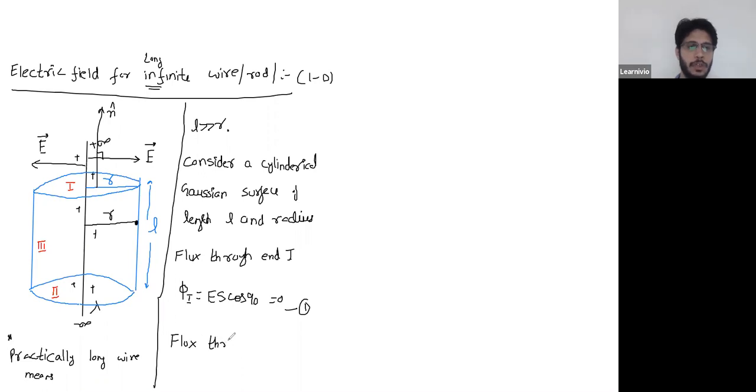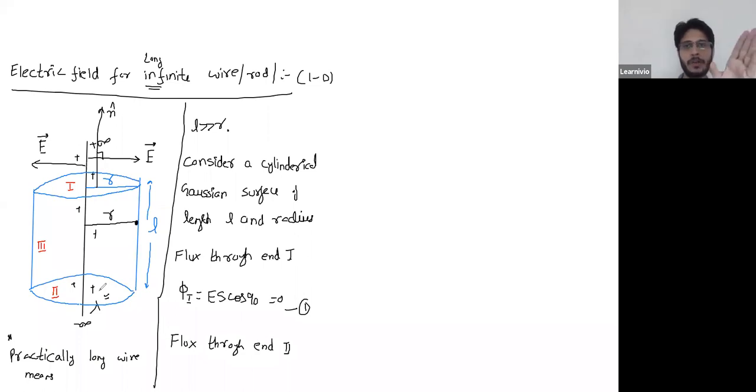Afroza, what about end two? The direction of the second end, the lower end of the cylinder. Okay, it's not upwards. The direction of the area vector is the outward normal.